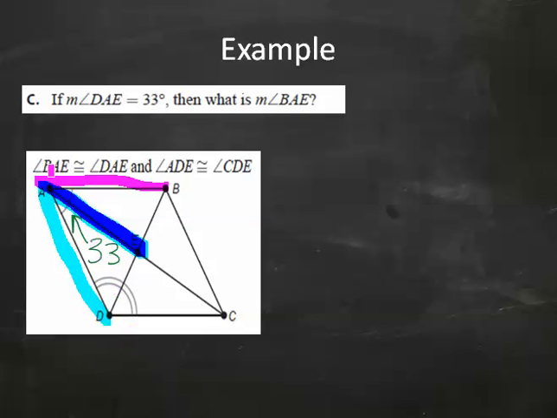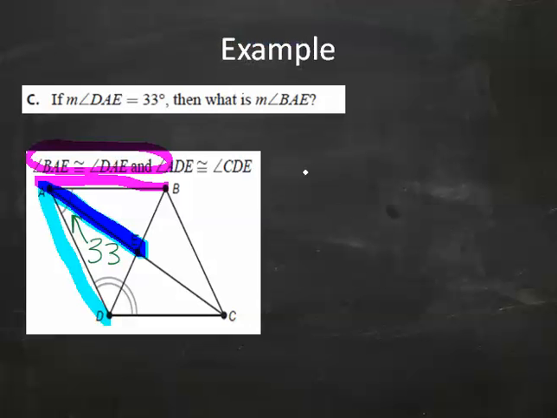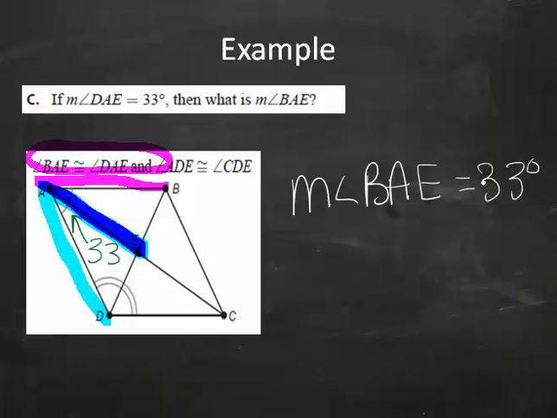If I know that DAE and BAE are congruent, then I can say that they're equal to one another. So the measure of angle BAE is also 33 degrees. And there it is.